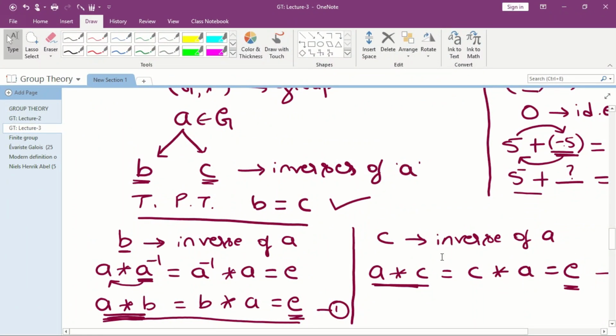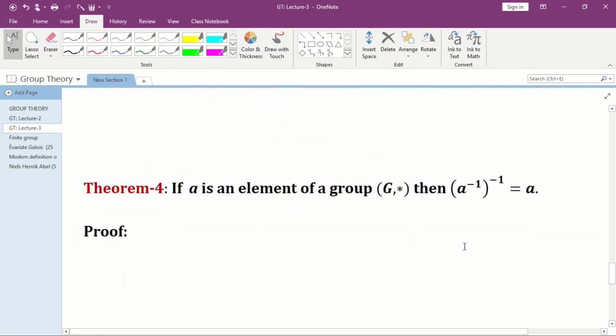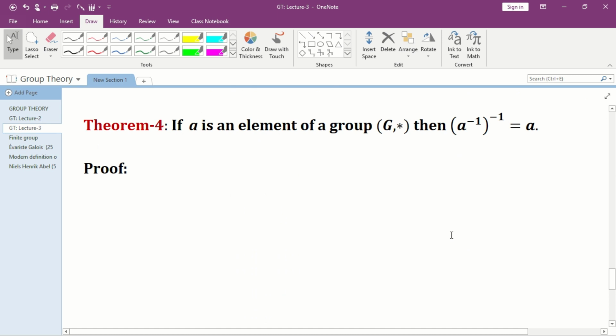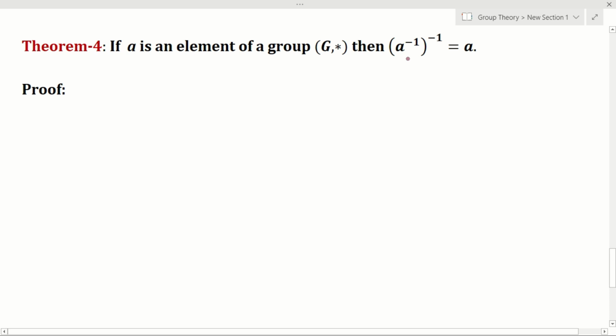Okay, we shall move to next property. If A is an element of a group G, then A inverse whole inverse is equal to A. That means inverse of the inverse of an element is itself. Okay, how to prove this one? So what is given?